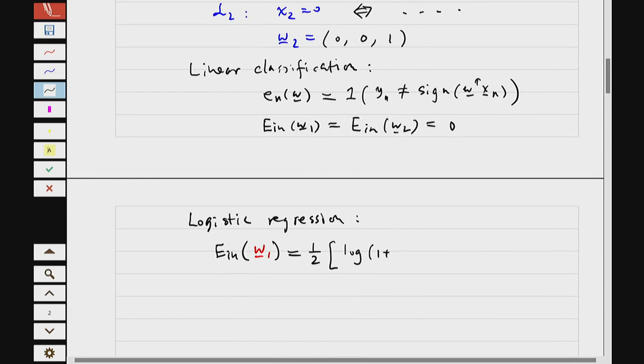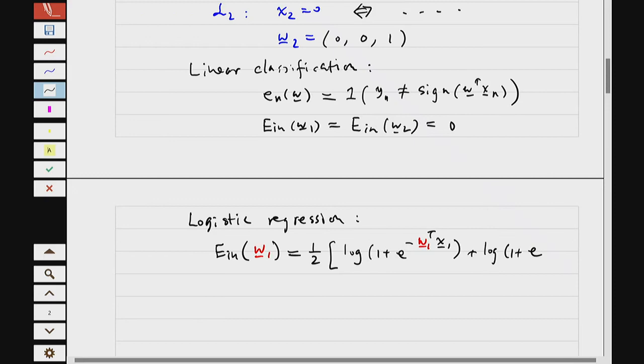log of 1 plus e to the minus W1 transpose x1. Here x1 is the first data point, W1 is the first line. Those two subscript 1s are different things. Be careful.